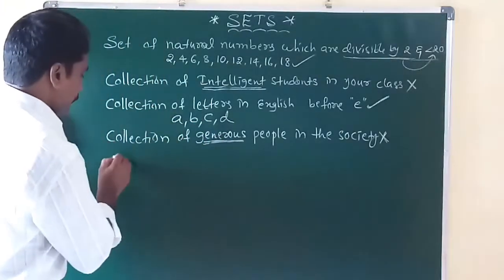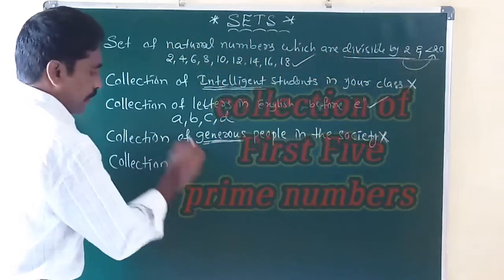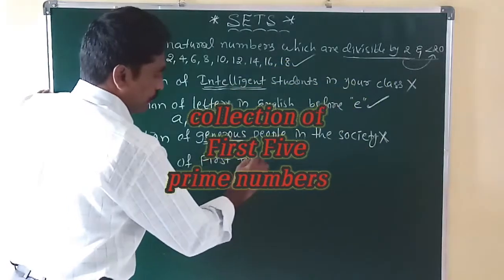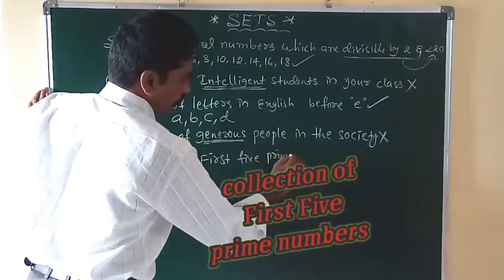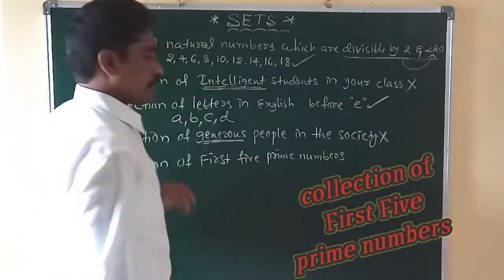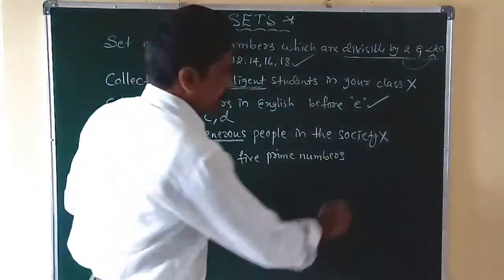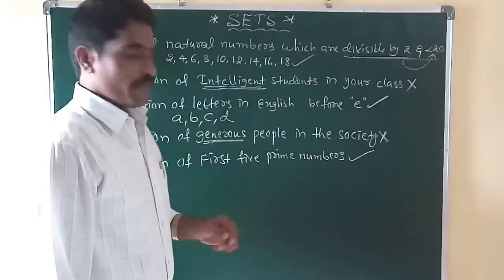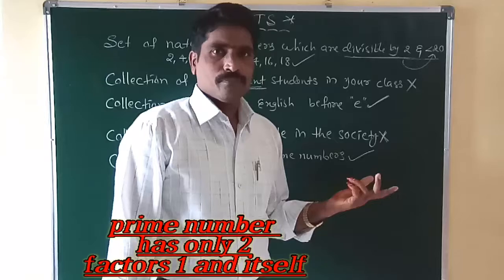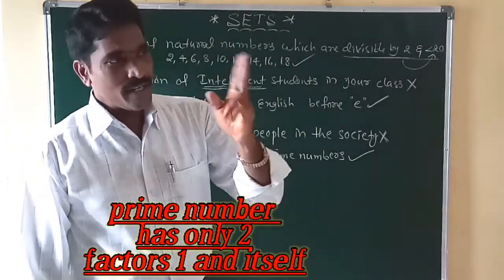Take another example. Collection of first 5 prime numbers. Is it a well-defined collection of objects? Yes, it is. What is meant by a prime number? A prime number is a number which has only 2 factors, 1 and itself.